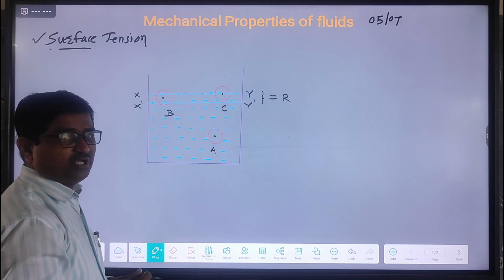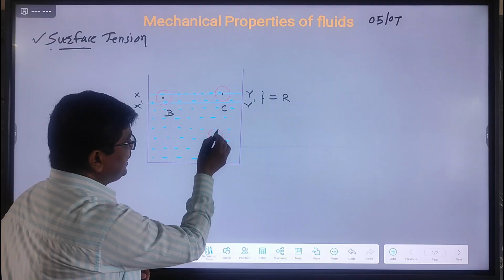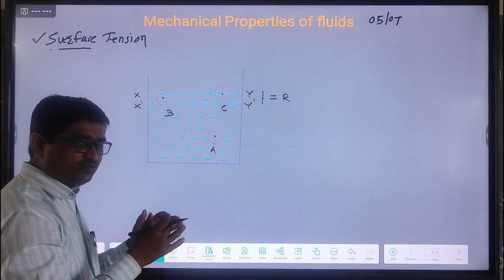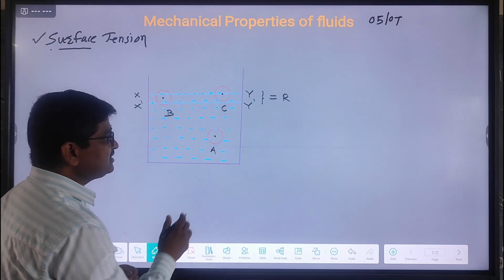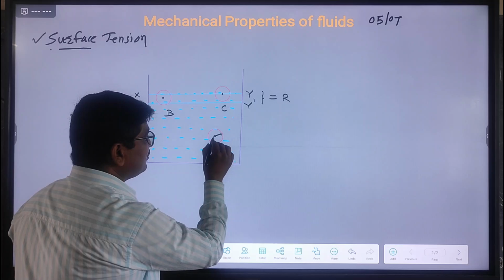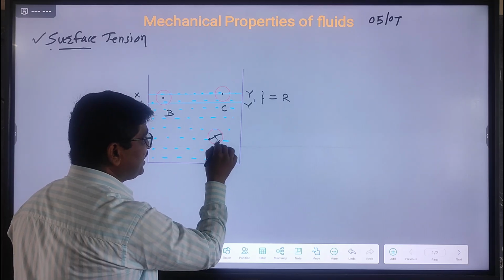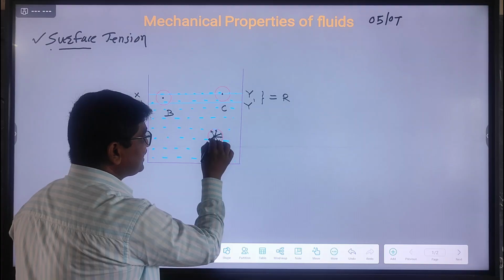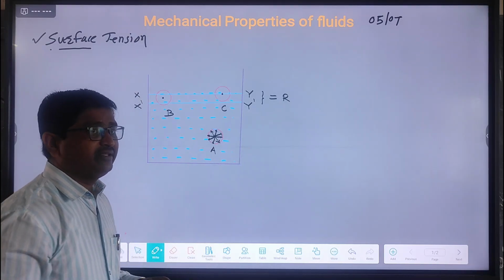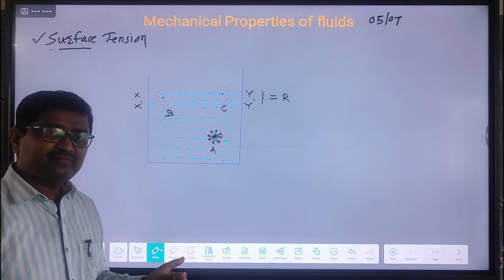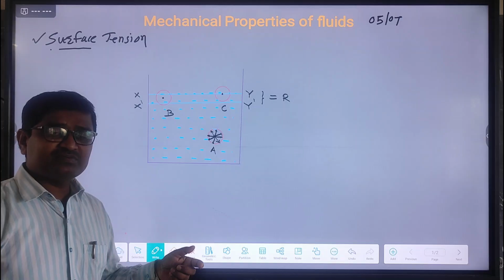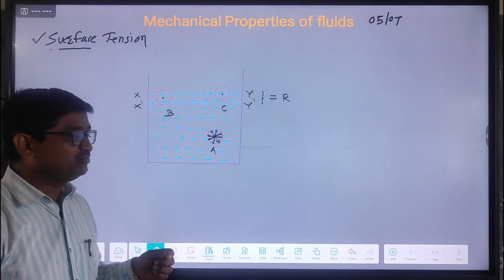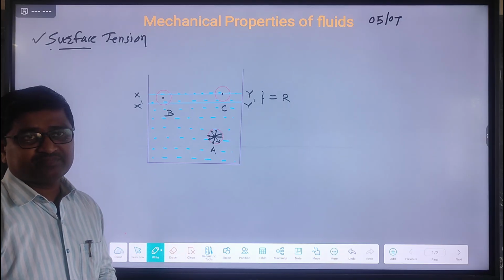Let's observe the first molecule A. Molecule A and its sphere of influence is totally deep into the liquid. It means that everywhere around molecule A, only the liquid molecules are attracting, only liquid particles. There is no other substance present. The same substance molecules are attracting molecule A from everywhere.